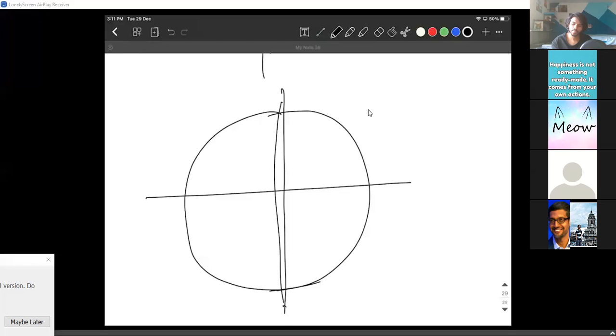When mummy goes by angle 30 degrees, this is sine 30, so the baby goes to plus A by 2. When mom goes to 45 degrees, the baby goes to plus A by root 2. When mom goes to 60 degrees, the baby goes to root 3 A by 2.